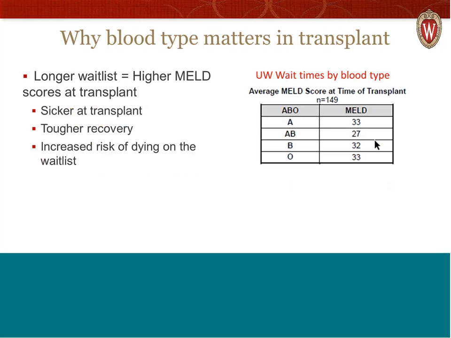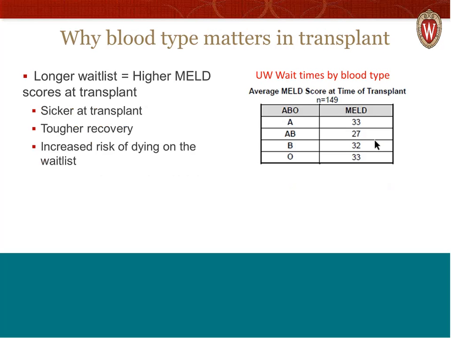So this is a chart on the right about our average MELD score for transplant based on blood type. The bottom line is the longer the wait list, the higher the MELD scores at transplant. Unfortunately, what that means is you're sicker at transplant. So when you're getting into the MELD of the 30s, people are usually pretty sick, okay, having a tough time. It's a tougher recovery. The lower your MELD score at transplant, the easier it is to get back on your feet afterwards.